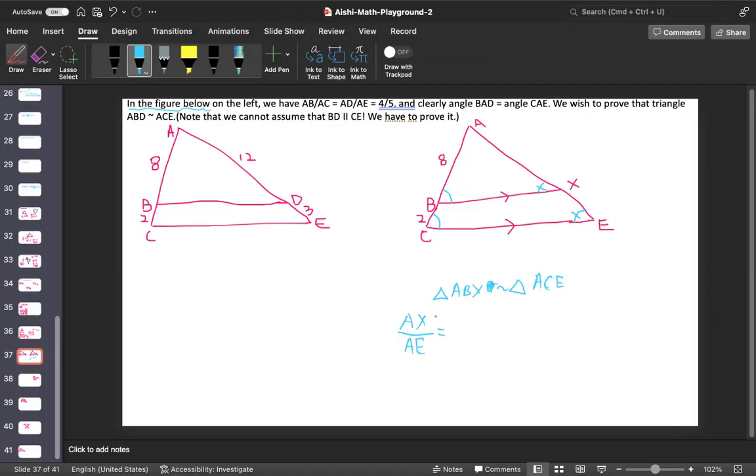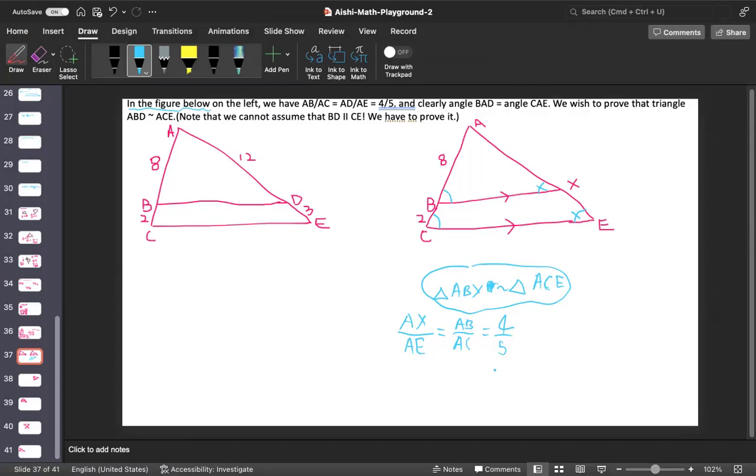Then that must be equal to AB by AC, because again, triangle ABX is similar to triangle ACE. And we know that AB is 8 and AC is 10, so this is equal to 4 by 5.